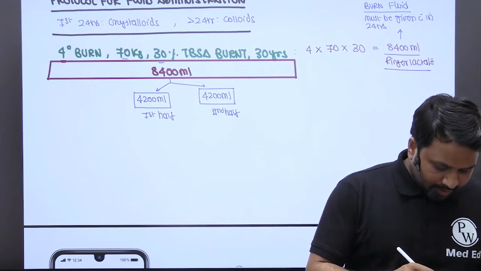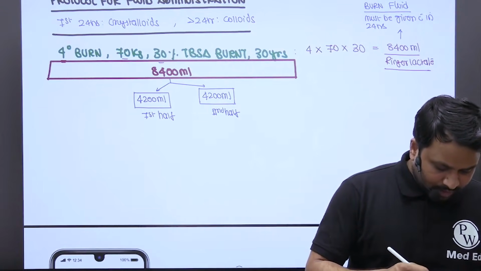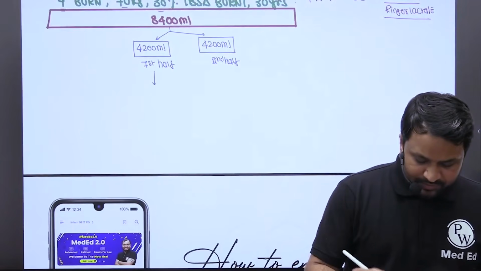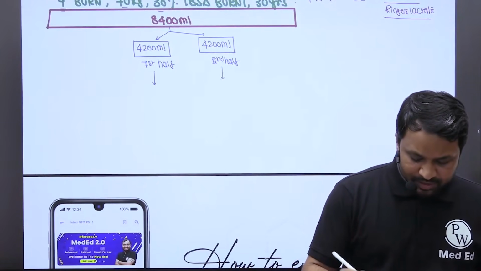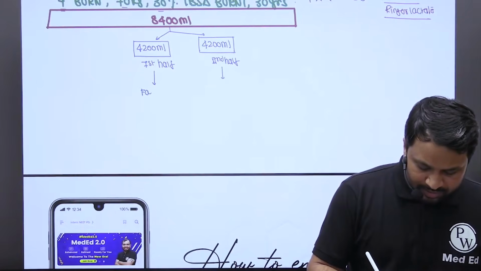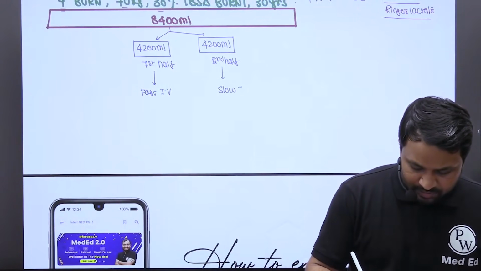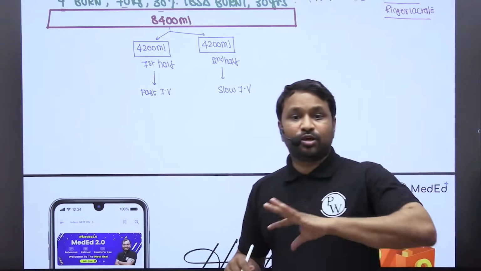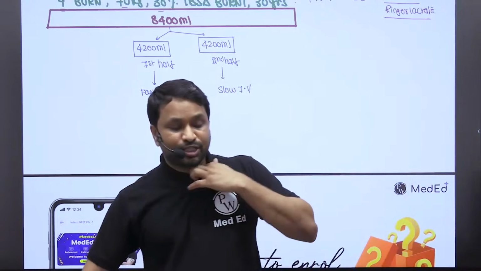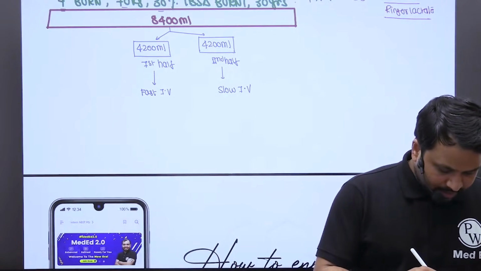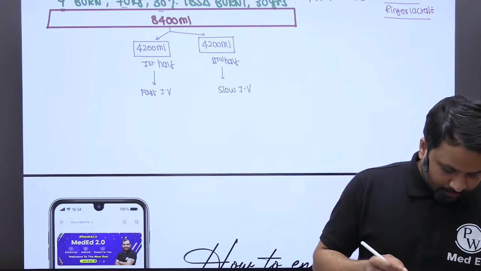The first half has to be given as fast IV and the second half has to be given as slow IV. But you have to complete the entire fluid resuscitation within the first 24 hours, right?